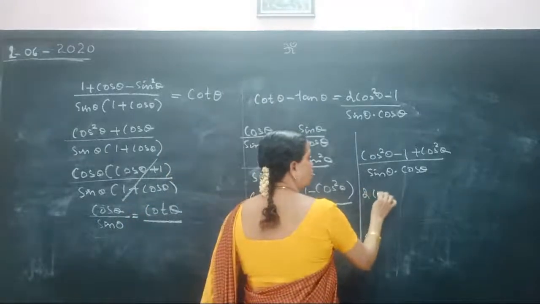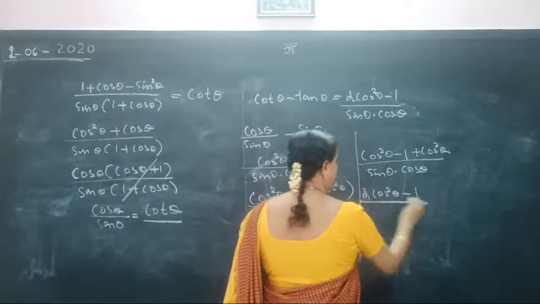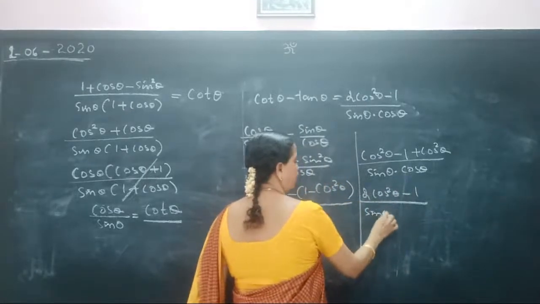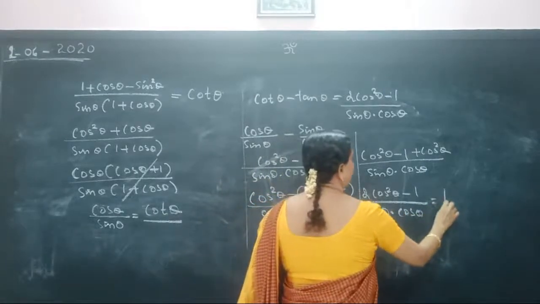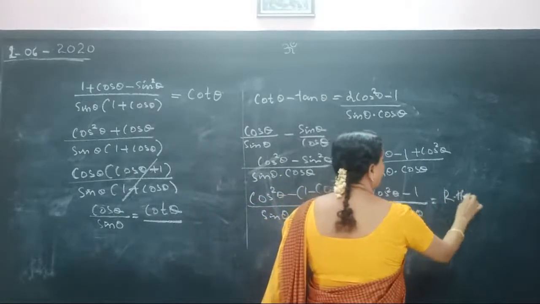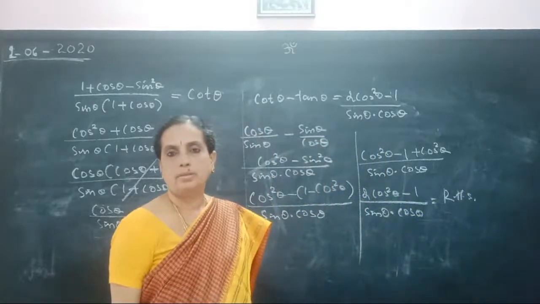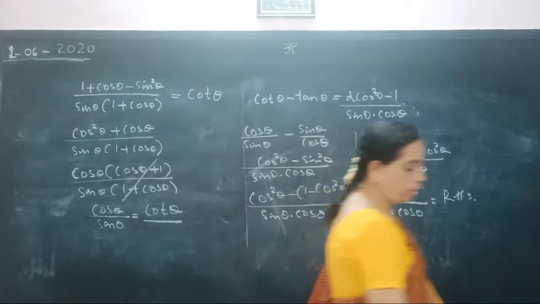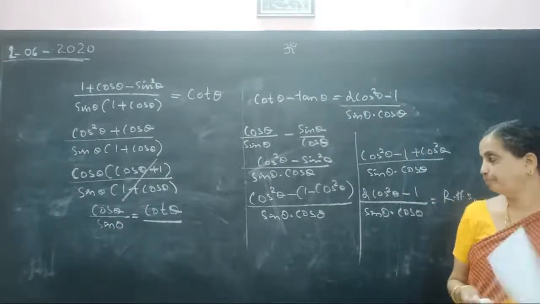It is 2 cos square theta minus 1 by sin theta into cos theta. This is finally equal to the RHS, the right hand side. That gives the proof of LHS equal to RHS.